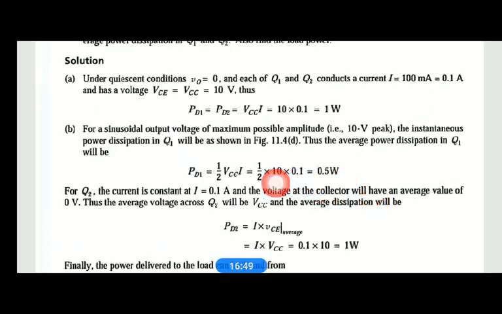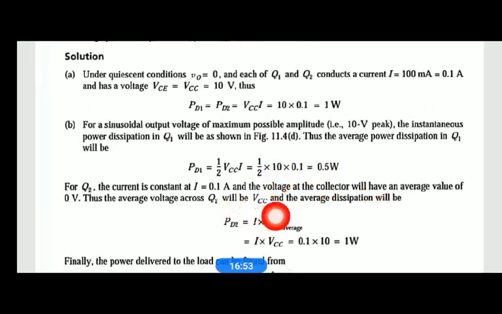Okay, so that is PD1, the power dissipation for Q1, whereas the power dissipation for PD2 is still I into VCC. Why? Because the current flowing through transistor Q2, whether you apply the input voltage or not, is continuously I only.